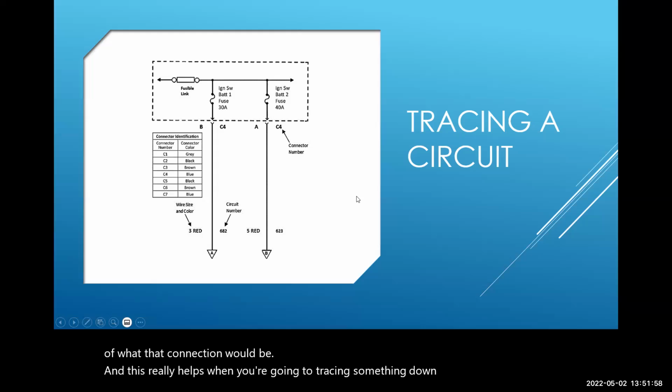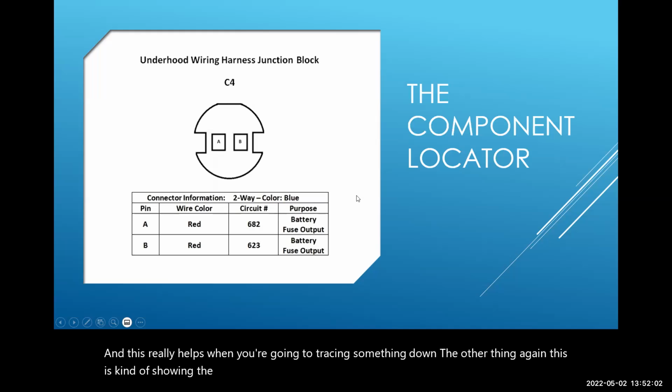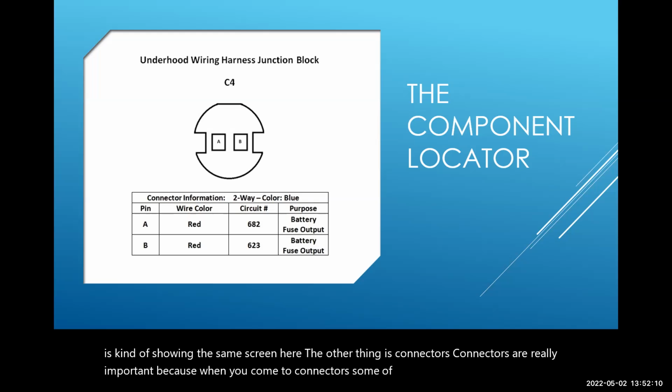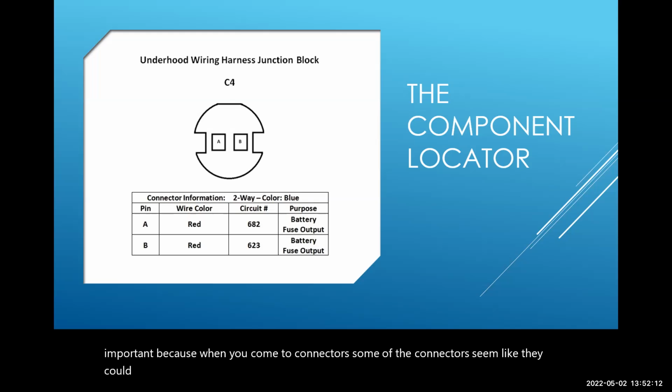The other thing, again, this is kind of showing the same screen here. The other thing is connectors. Connectors are really important because when you come to connectors, some of the connectors seem like they can connect to the same connector, but they might have a little offset to them.